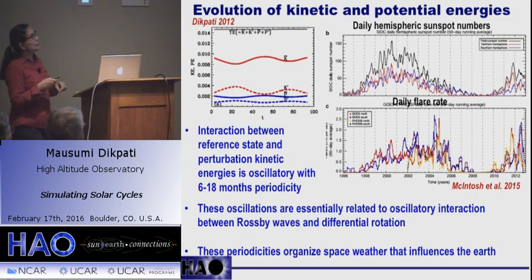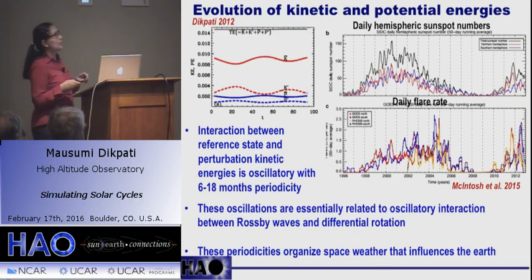This is the daily hemispheric sunspot numbers from observation. The daily flare rate from observation; dash lines represent the year. So dash lines have been plotted at 1 year intervals, and you can see the burst of activities with an approximately 1 year periodicity.